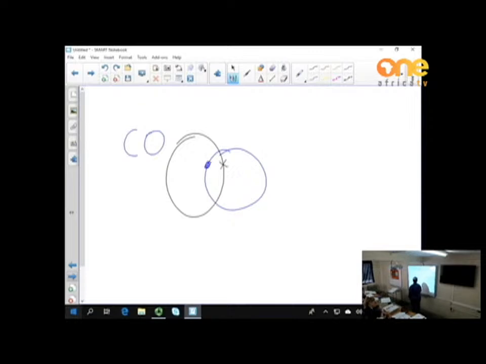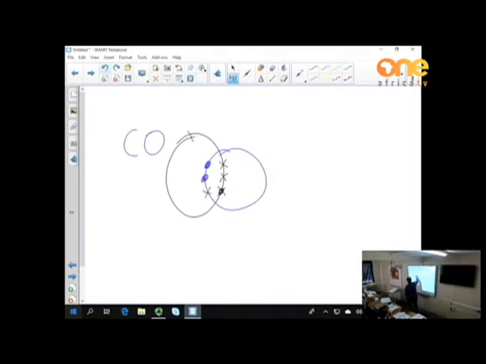by sharing one, sharing another, and then, no, I want to do it in black. The oxygen gives the 2 electrons, actually there like that.